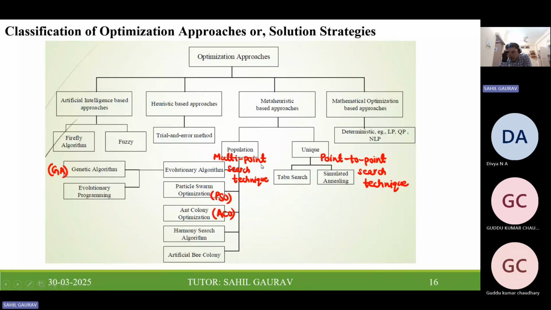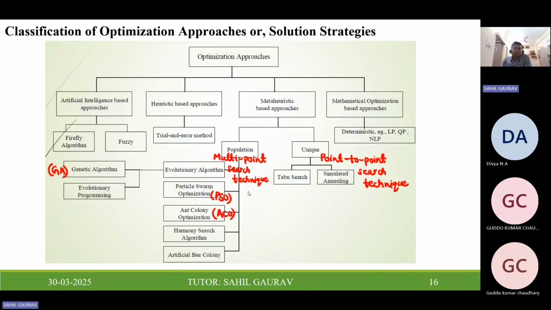So meta heuristic approach can be of two types. One is the unique type, that is point to point search technique, while the other one is population type, which we call multi-point search technique. This population based meta heuristic approach is the most widely used nowadays, and these terms are more familiar to all of you.